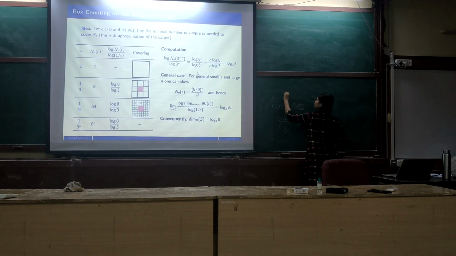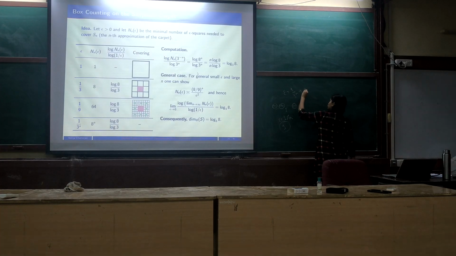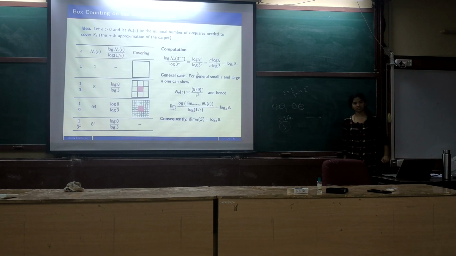When epsilon is 1 by 3 power n, you need 2 power n sets to cover it, inductively. Applying that formula, your dimension will be log 2 power n by log 3 power n, which is your log 2 base 3.